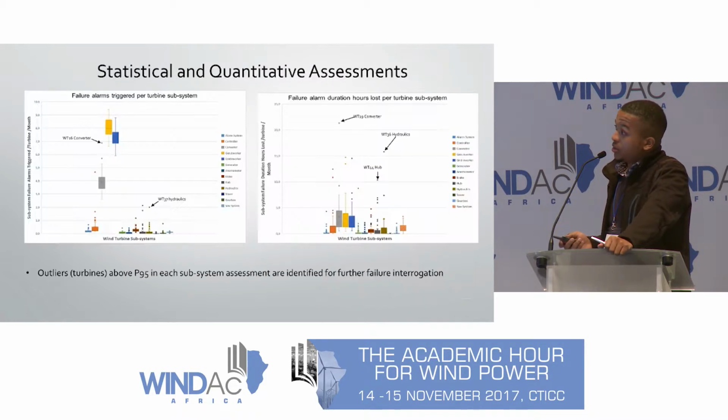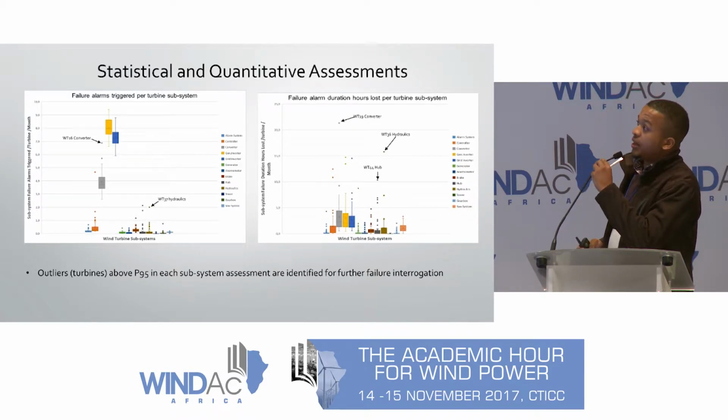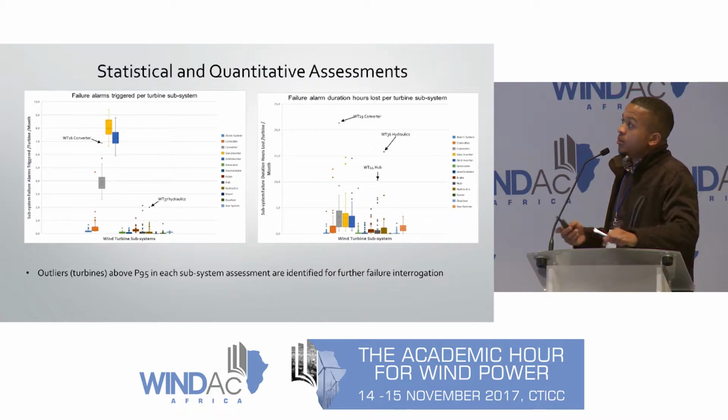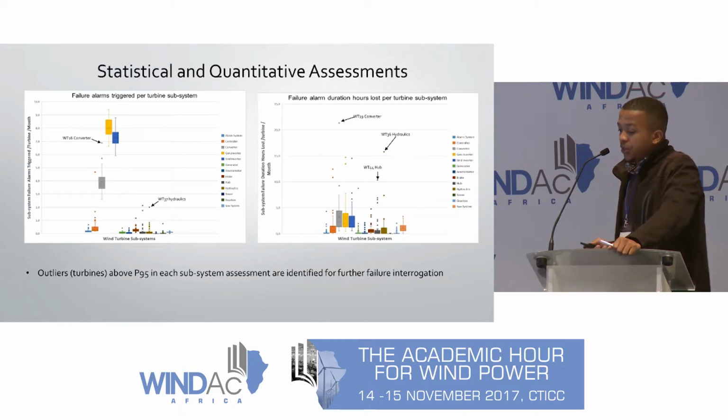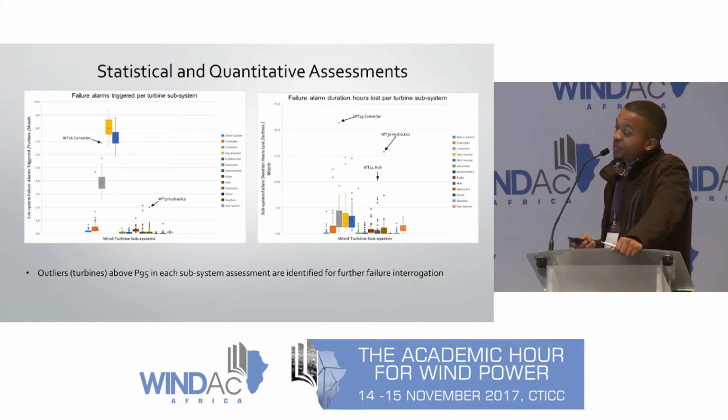And the results, yeah. This is just a basic representation of how the results look when you have applied your statistical models to the failure durations. The image on the right shows the alarms that were triggered by the wind turbine subsystems.